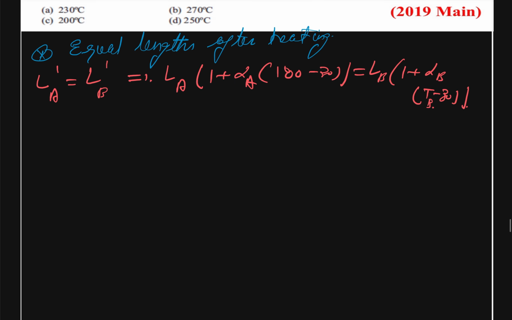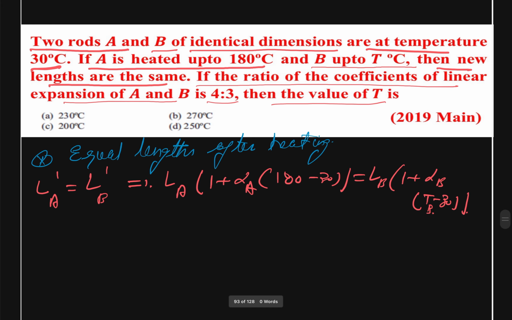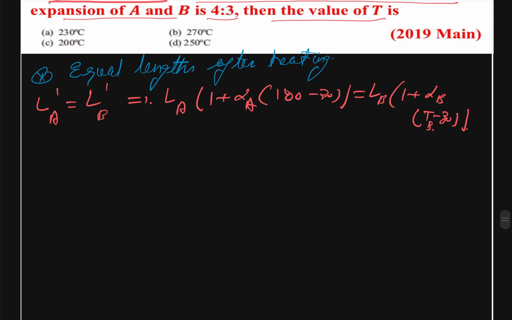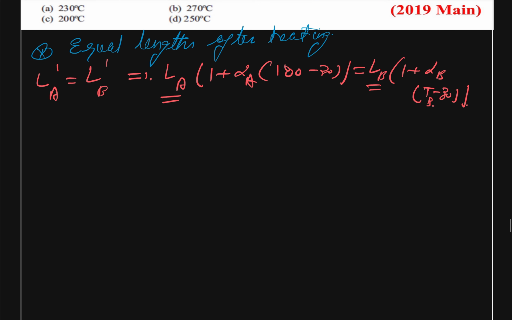So we substitute the values. We are given that before heating they are also of identical dimensions, so we have L_A is equal to L_B. So we can say since L_A is equal to L_B, they are going to cancel out each other.